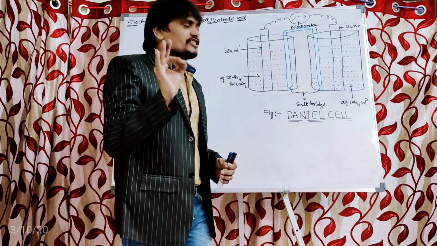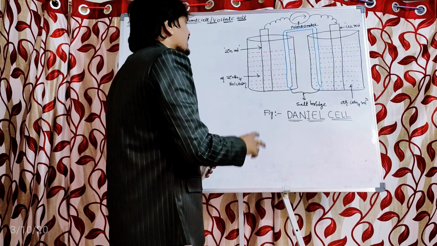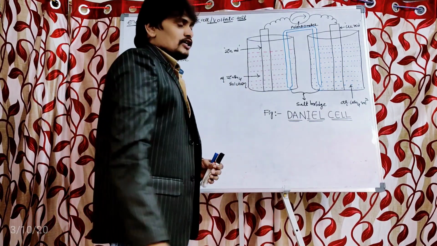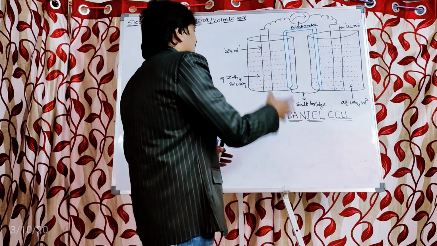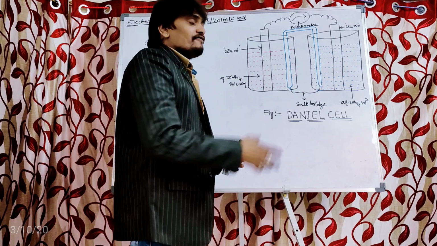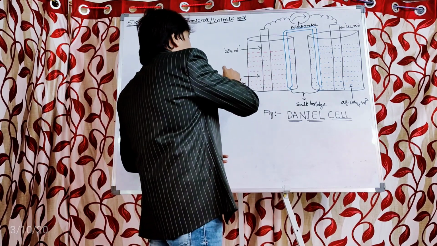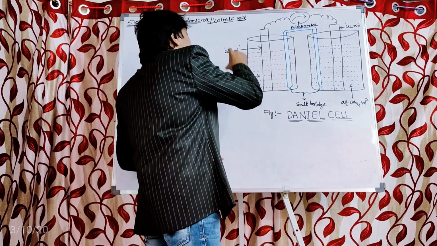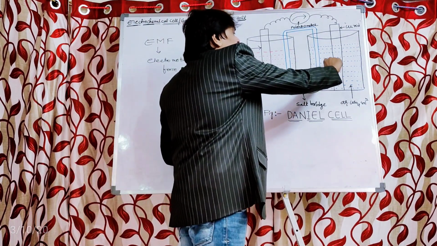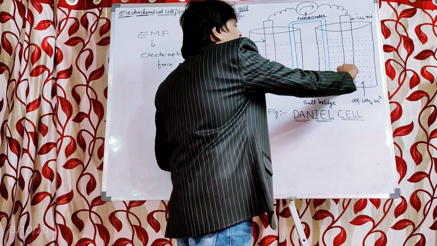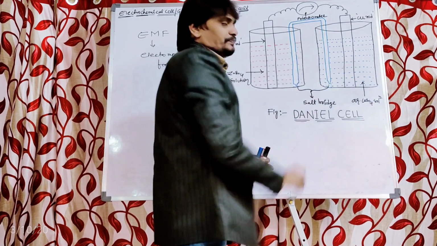For the construction of the Daniell cell, we need two beakers, the LHS beaker and the RHS beaker. In the left hand side beaker, we take aqueous zinc sulfate solution, and in the RHS beaker we take aqueous copper sulfate solution.